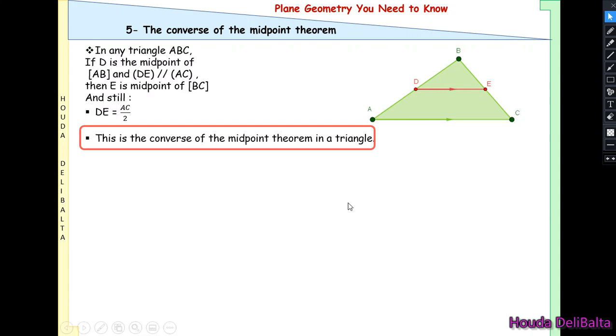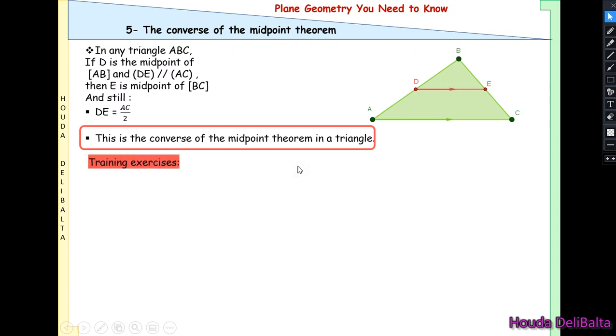So the converse of the midpoint theorem is used to prove midpoints. Here D is the midpoint. Since DE is parallel to AC, E is thus the midpoint of BC. By this, we proved that E is the midpoint of BC using the converse of the midpoint theorem in a triangle.